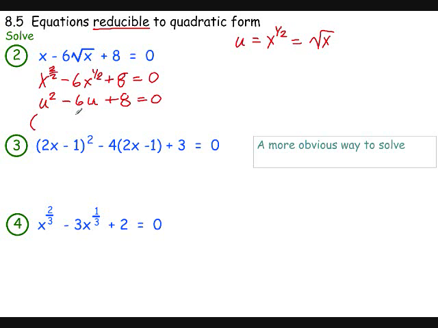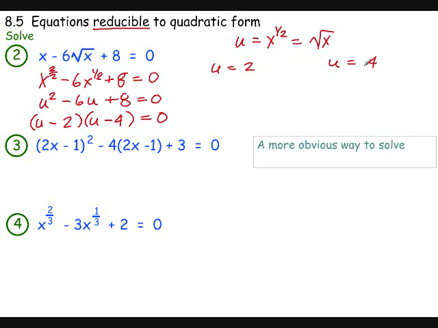Can we factor this? This piece is easy enough, U and U. We need two factors of positive 8 that when we add them together give us a negative 6. Those will do it, won't they? So we end up with our U being equal to 2, or our U being equal to 4.